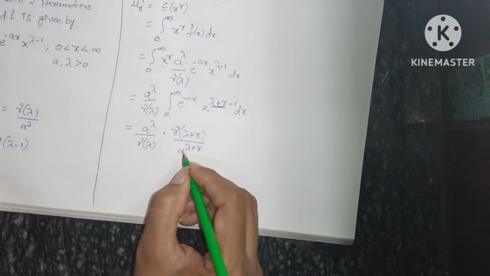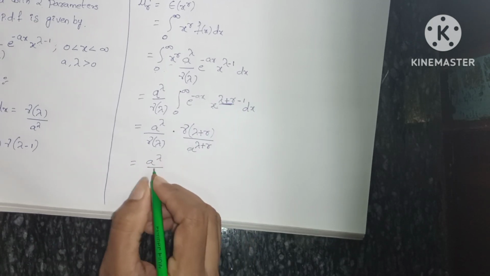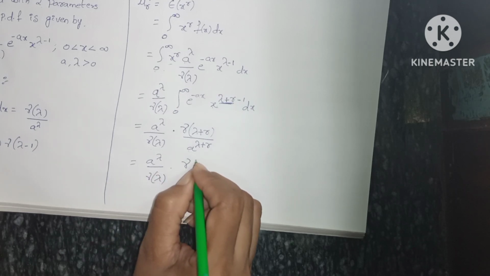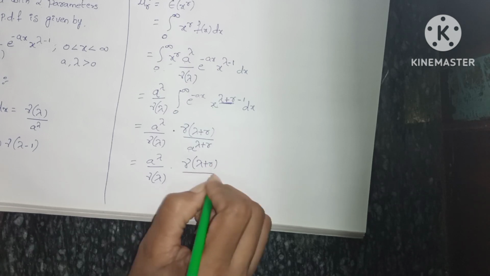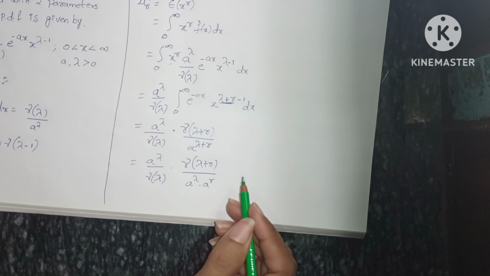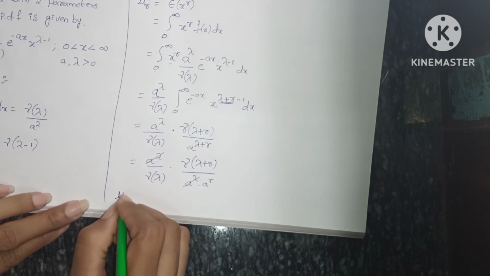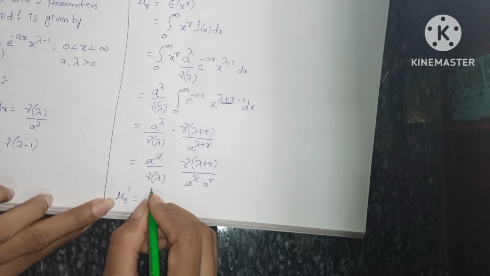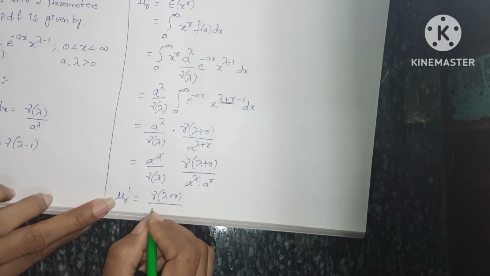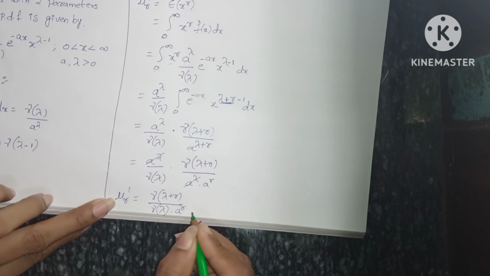We can separate this term: a power lambda by gamma of lambda into gamma of lambda plus r by a power lambda into a power r, so that both get cancelled. The final answer is mu r dash equals gamma of lambda plus r by gamma of lambda into a power r.